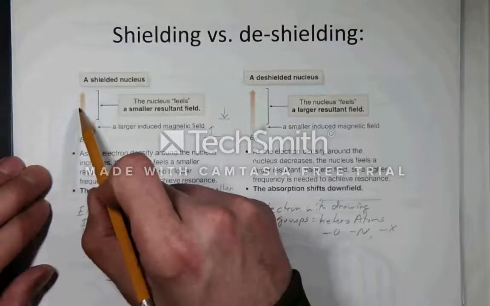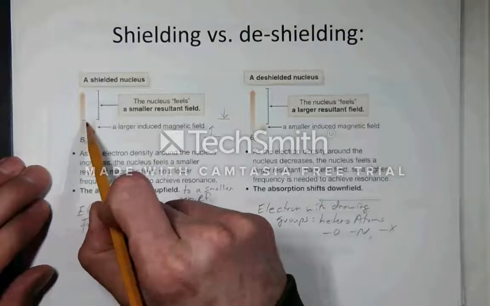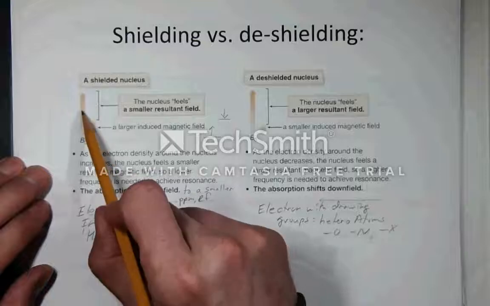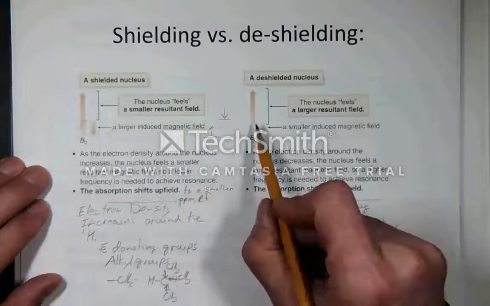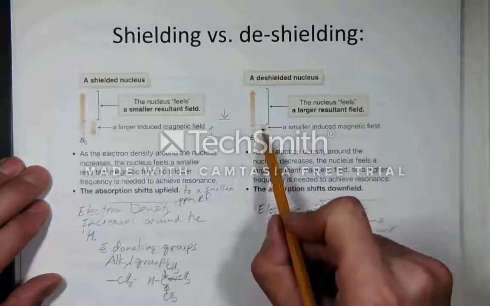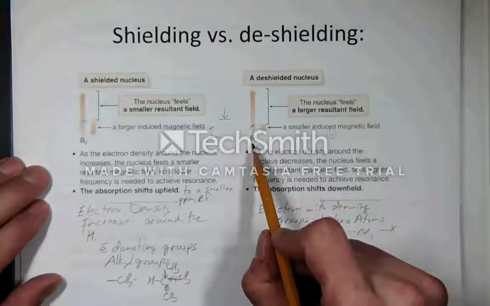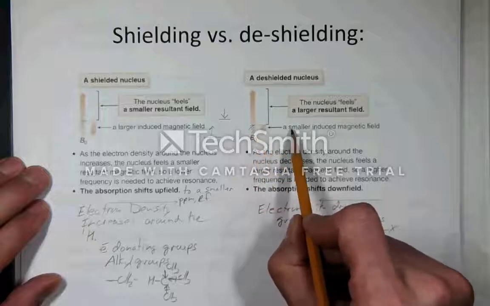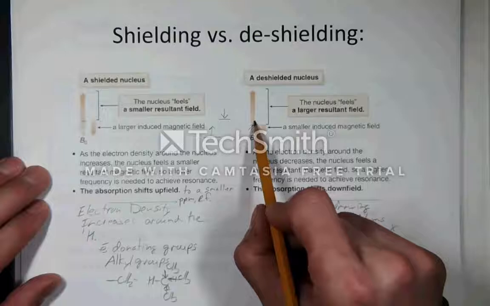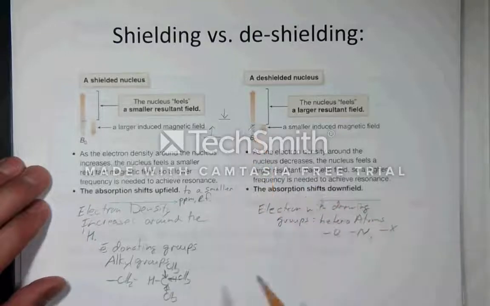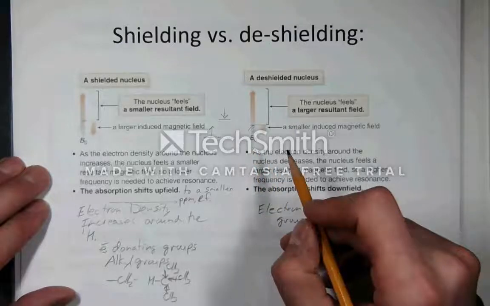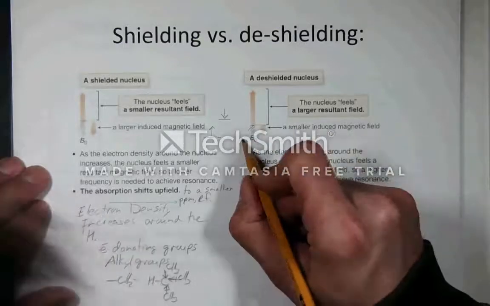That makes this, essentially we can kind of lop off this much of the external magnetic field, so it's a smaller magnetic field. Here, the electron withdrawing effect reduces this opposing, so we have a smaller decrease, if you wish, and then the nuclei feel a larger external magnetic field, and this, well, I'm going to put this here.